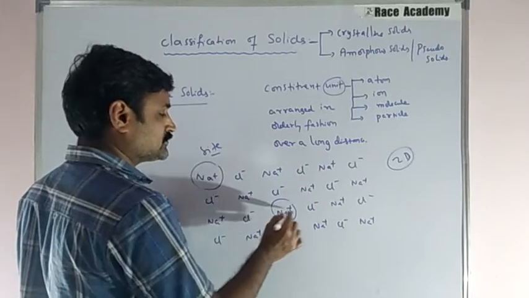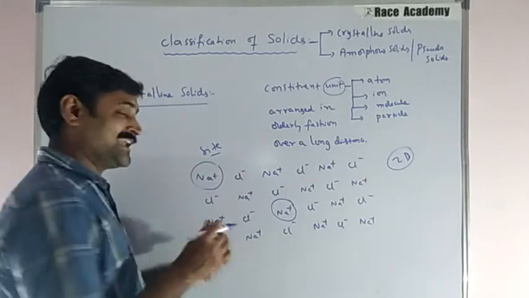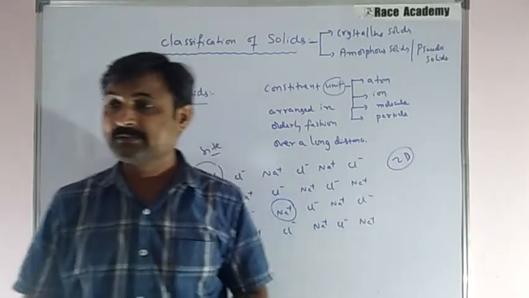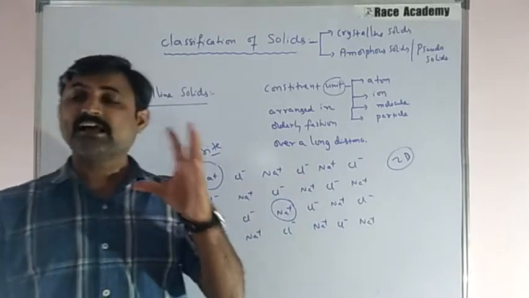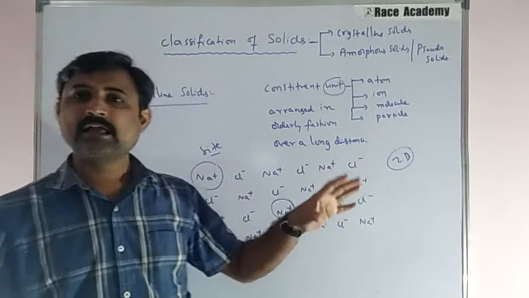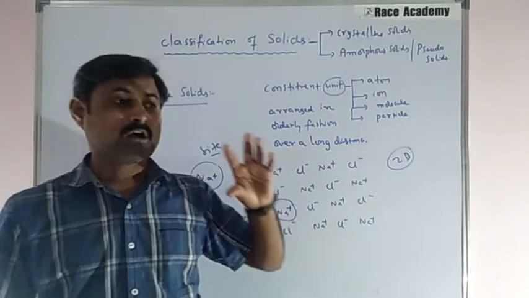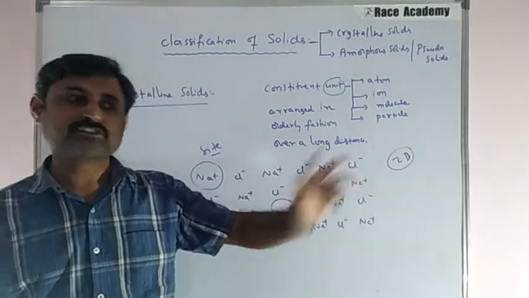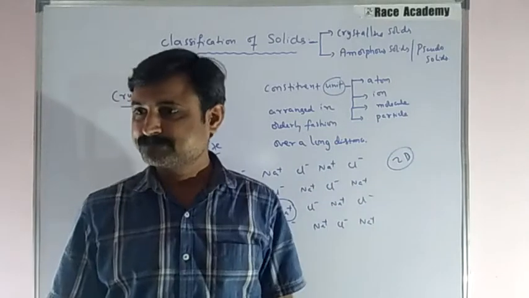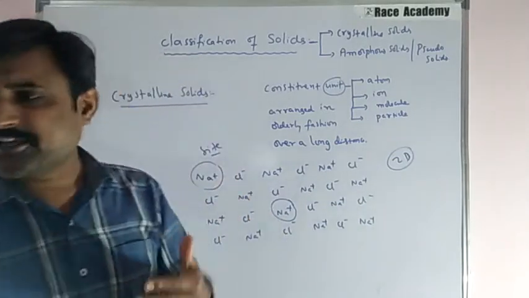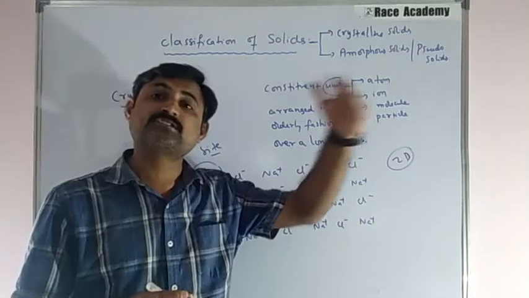So what is this arrangement? That cannot be noticed in this two-dimensional one. That's why only in a three-dimensional arrangement can we understand the kind of ions surrounding one particular ion, which are oppositely charged. That similar regular arrangement is also found in other solids.